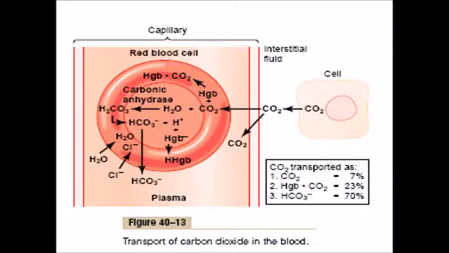This carbonic acid will dissociate into HCO3 minus and H plus. Now this HCO3 minus bicarbonate ion will diffuse out from RBC into the plasma, and in exchange of that, chloride will diffuse in from the plasma into the RBC. Actually, there is a special carrier protein which is doing movement of these two ions in opposite direction.